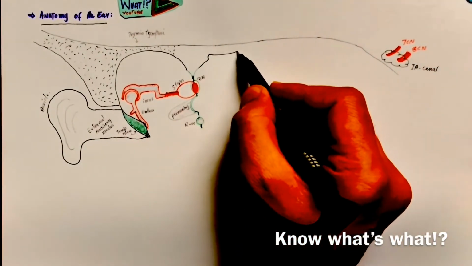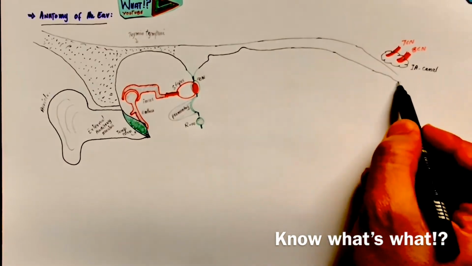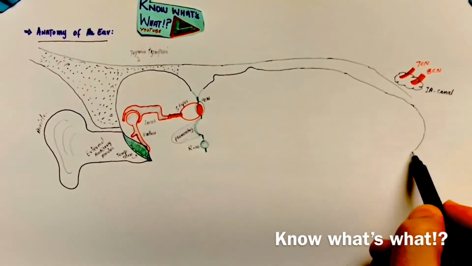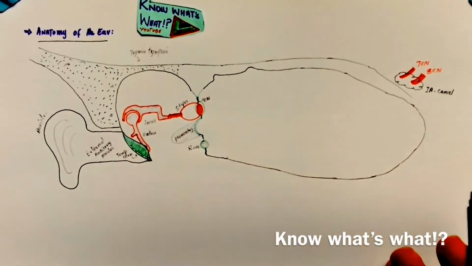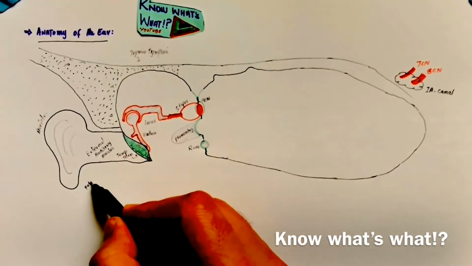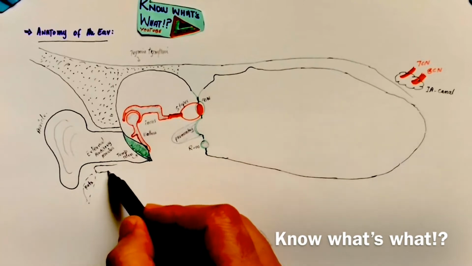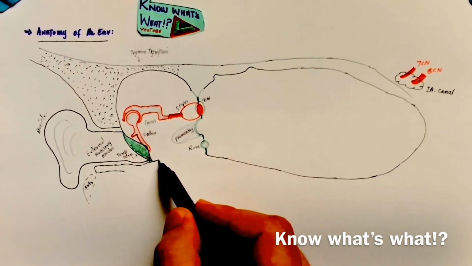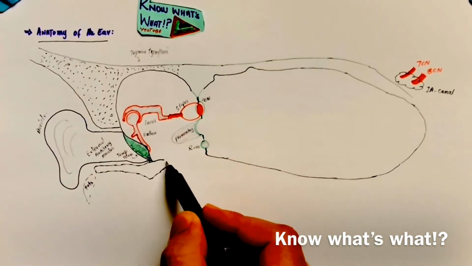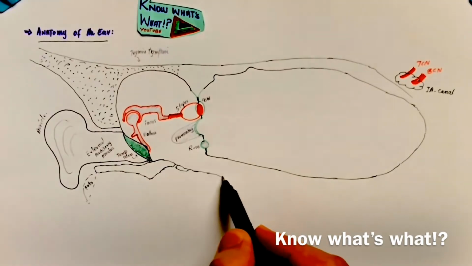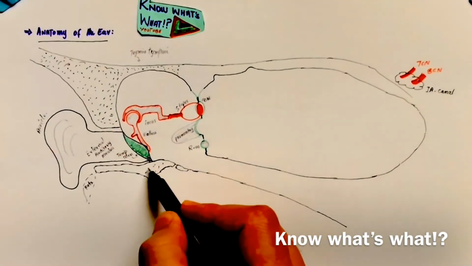So if we make the inner ear, within which the cochlea and vestibule lay. And under the external auditory canal and the middle ear there is a bony structure within which there is a fossa called internal jugular fossa.